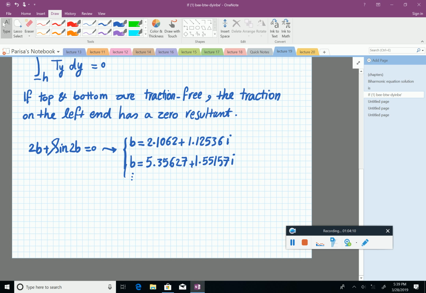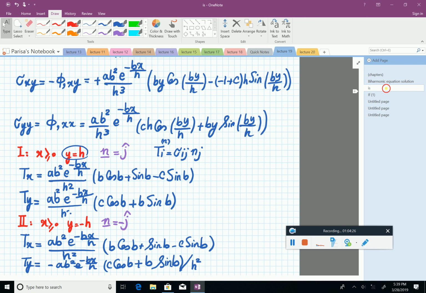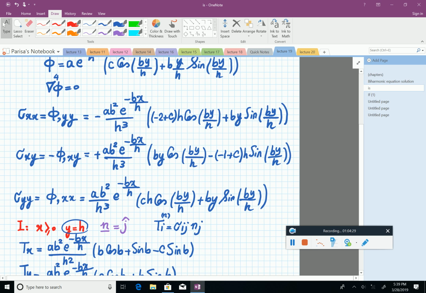So if we look at the real part of B, this one, for example, the first one, which starts with 2, what does it look like? It's like 2 something. Remember the number 2. Now look at the stress solutions again. If you look at the stress solution, you have an exponential term, e to the power of minus bx over a.